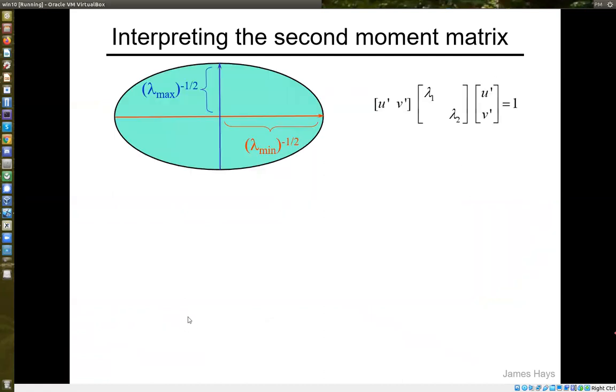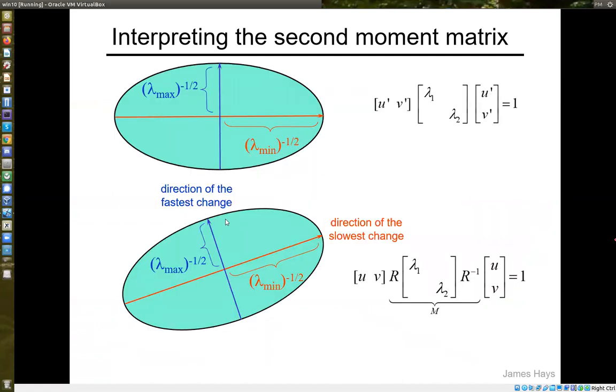And then for the M value here, as I said, I can diagonalize it. So if I rotate along this direction here, I basically get an ellipse.